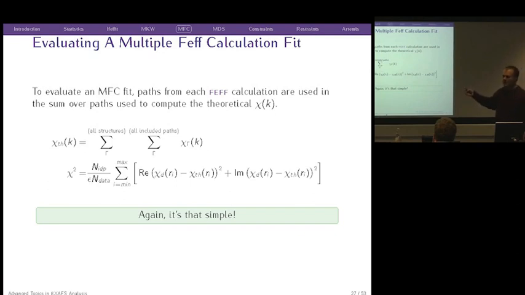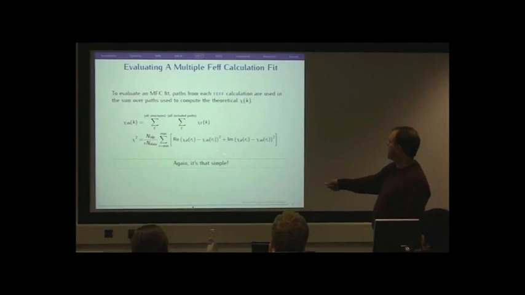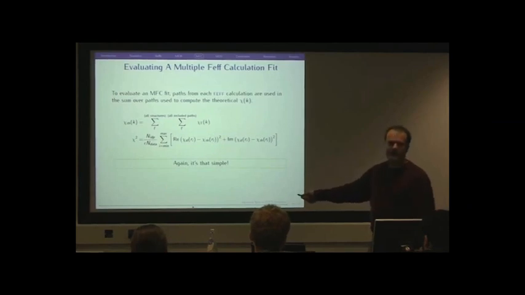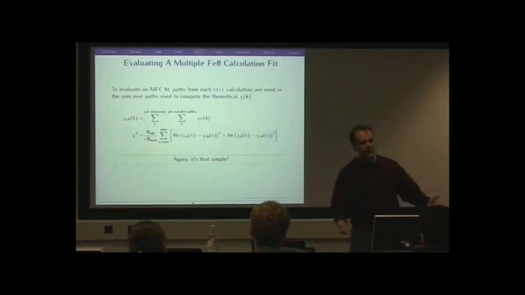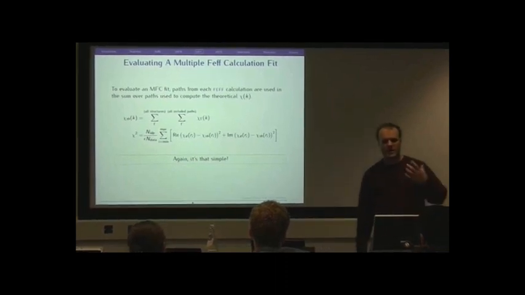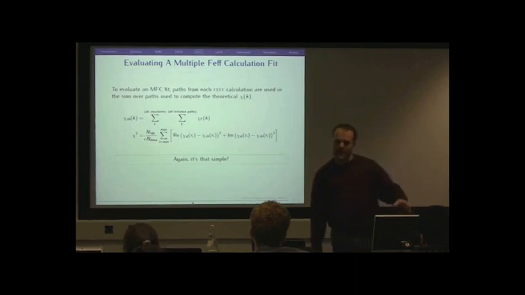So we sum up all the paths from one Pfeff calculation, sum up all the paths from the other Pfeff calculation, sum those two sums together, and when we evaluate chi squared and evaluate the theory part of chi squared, we're taking the sum over all paths from all Pfeff calculations. So again, the multiple Pfeff calculation thing is really very simple. You're just, instead of taking all your theory from one Pfeff calculation, you take it from several different places, add them up, and that's the fit. It's pretty simple.